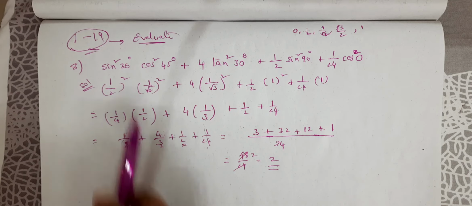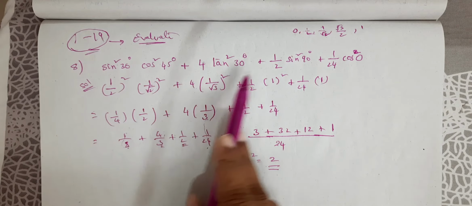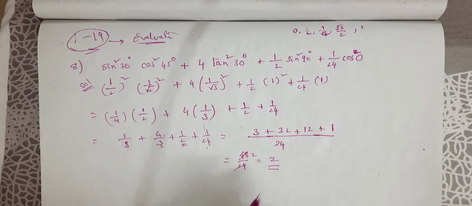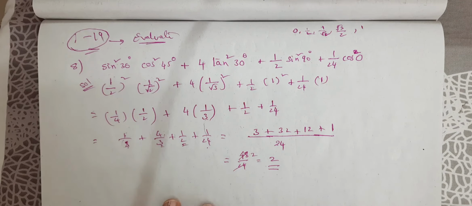Okay, so the value of sine square 30 cos square 45 plus 4 tan square 30 plus half sine square 90 plus 1 by 24 cos square 0 is 2. So this is how you have to evaluate. For these problems, if you really want to do them very quickly, then you need to learn by heart the values that are given in the table.